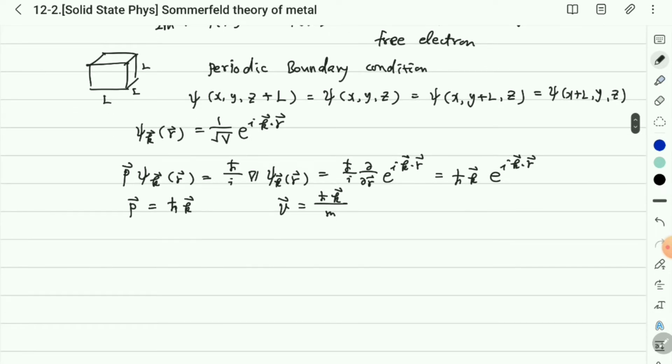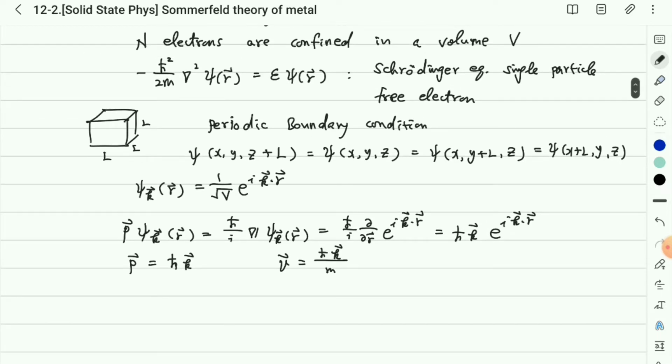This is a typical quantum mechanical problem, and quantum mechanics says that because of the boundary condition, for example, psi_k(r) in the one-dimensional case, let's think about psi_k(x, y, z) equal to psi_k(x+L, y, z).